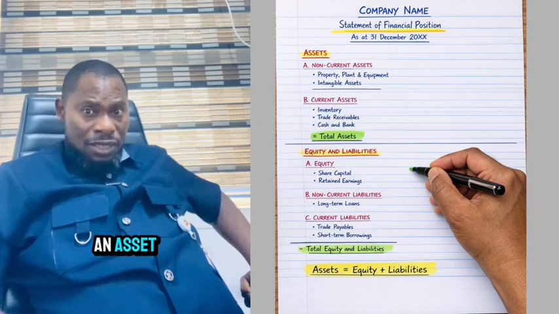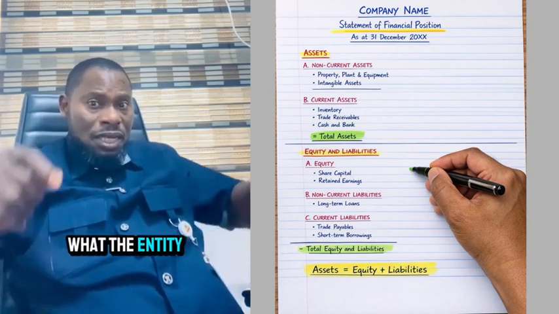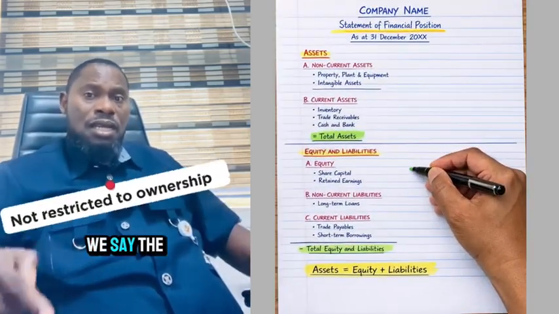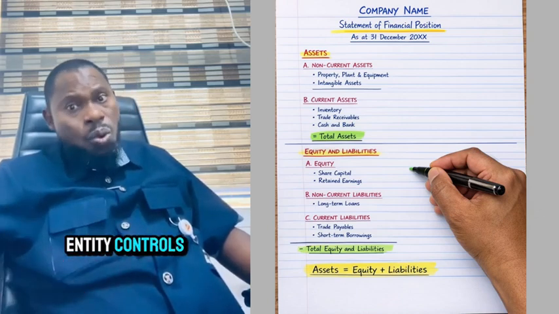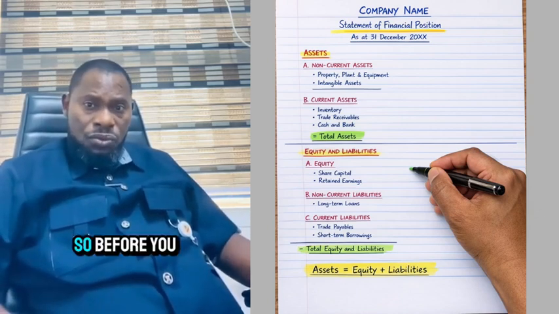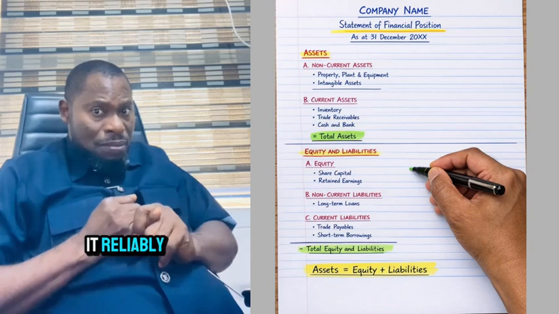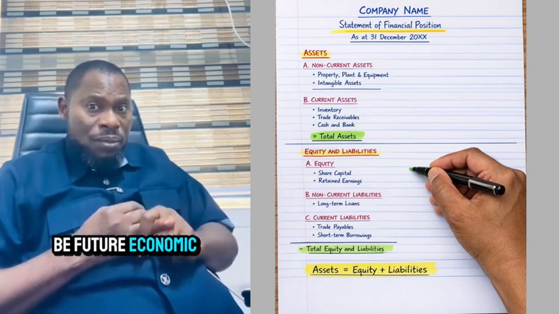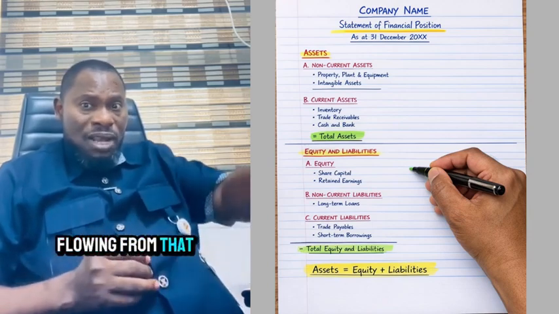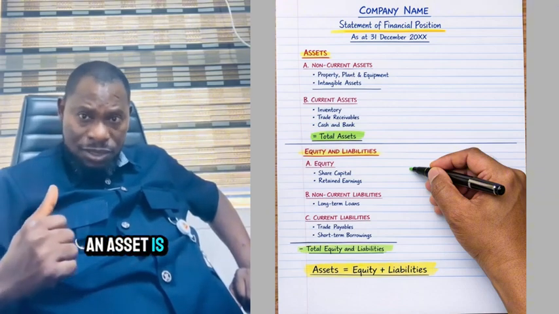When we define an asset, we don't restrict it to what the entity owns. We say the resource that the entity controls. So before you recognize it, you must be able to measure it reliably, and there must be evidence that there will be future economic benefits flowing from that asset to the entity. This is what an asset is.